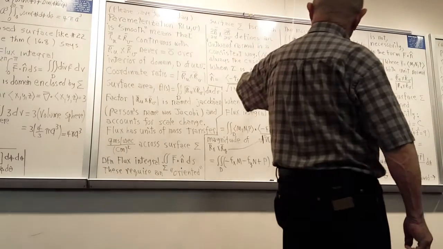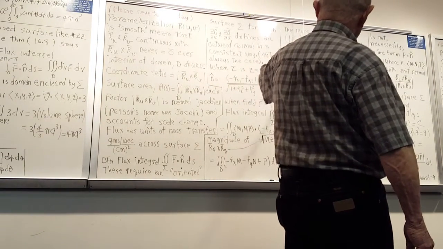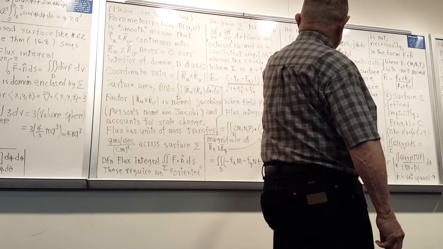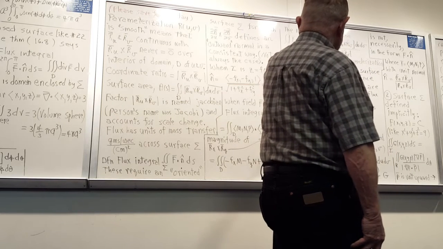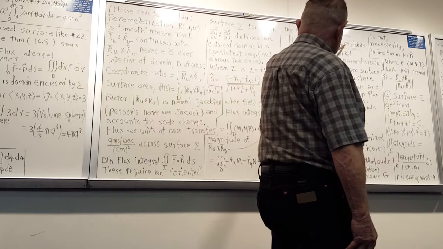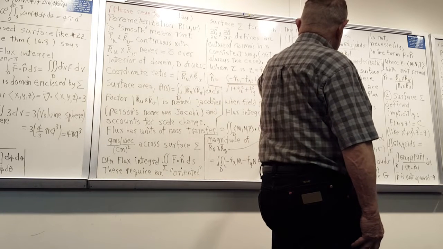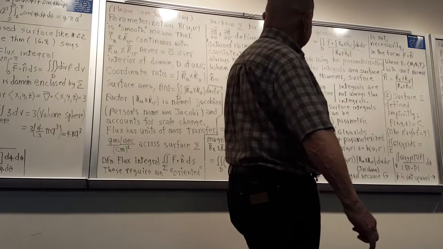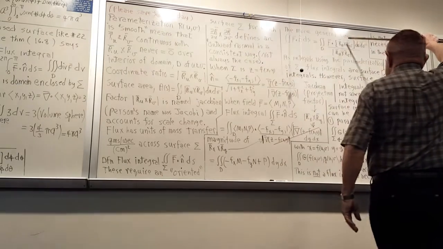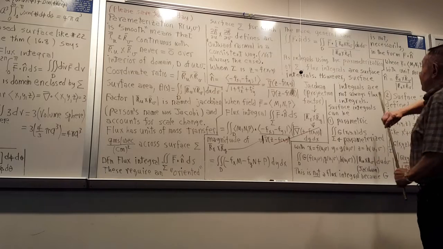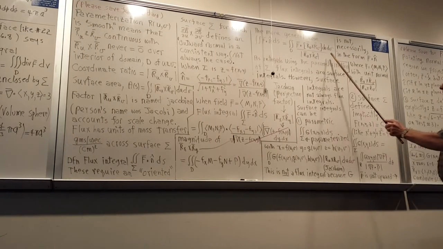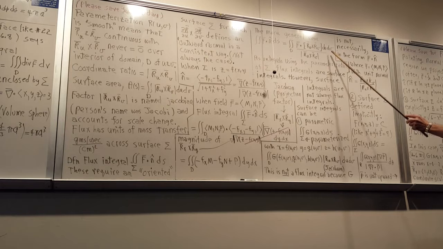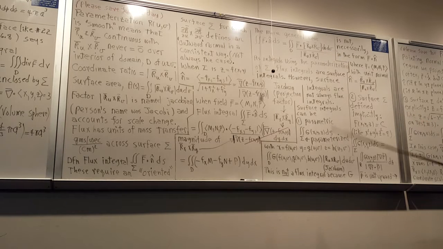So the more general case for the flux integral would look like this, where you have the dot product with this cross product over the magnitude of it. This gets you the unit normal, and then you're going to have some kind of scale factor that depends on where you're going.